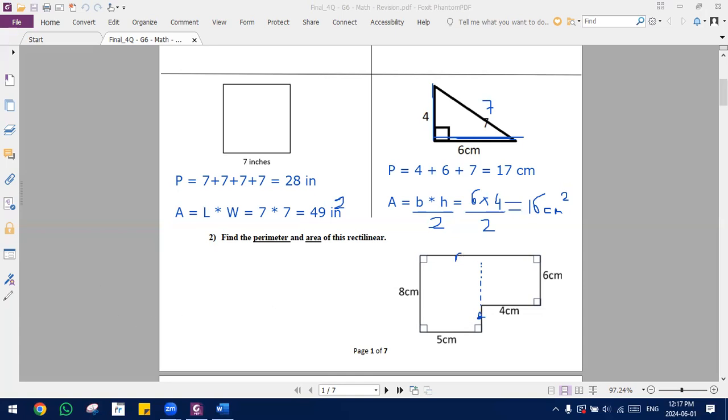We use the property that opposite sides in a rectangle are equal. For example, this side here is 5, and this side here is 4, okay? So if I combine them together, they are equal to the opposite side, which is 9. So 5 and 4 will give me 9.